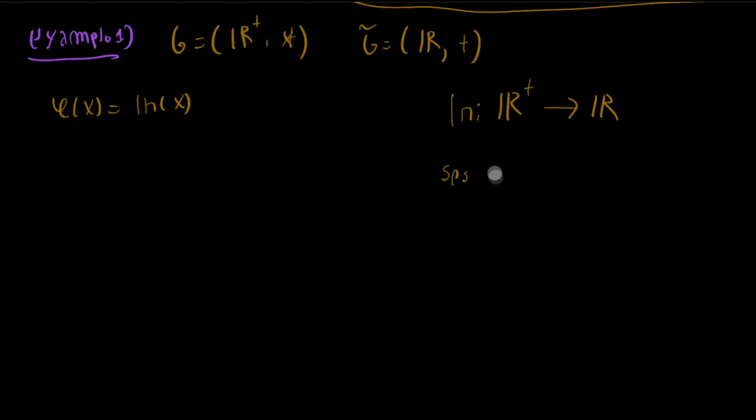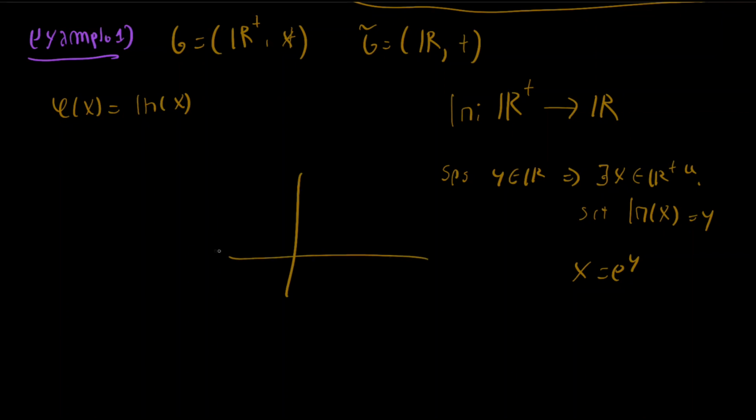Suppose we have a y in R. We basically ask ourselves, does there exist an x in the positive real numbers such that the natural logarithm of x is equal to y? Well, that x exists and it is equal to e to the y, and it is a positive real number by the nature of the exponential, which is a function with a graph like this. And so we have that it is a surjective function.